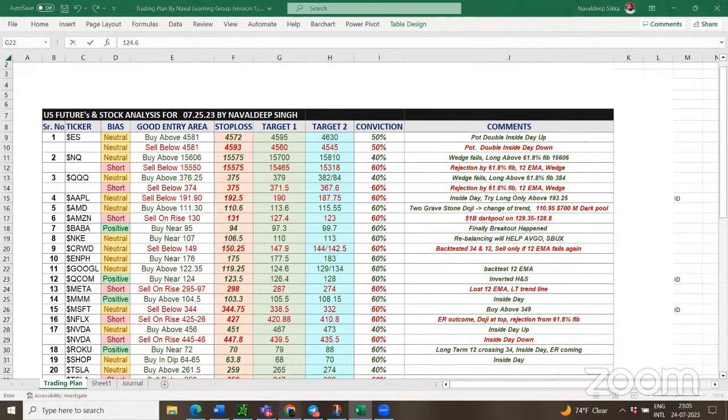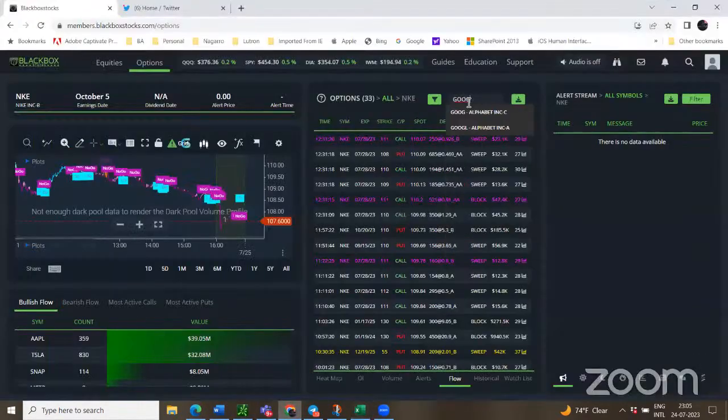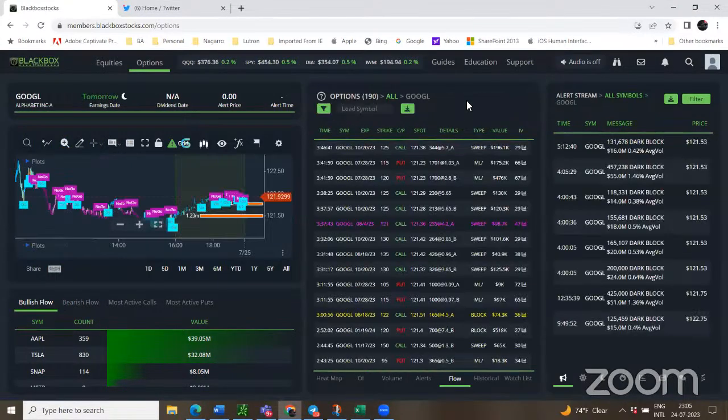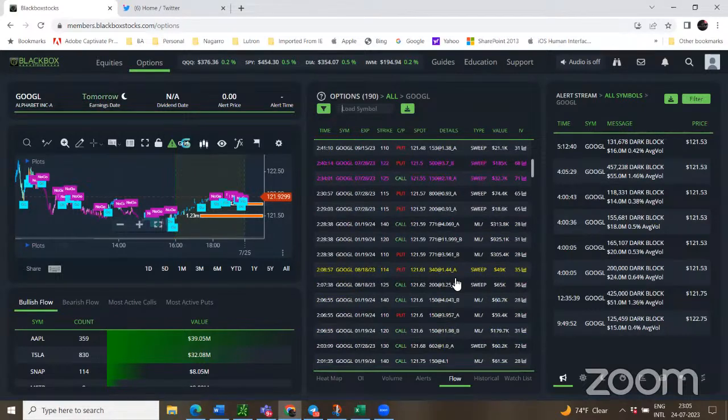Google has earnings tomorrow, so let's also look at some of the flow. Tomorrow we'll have much better flow. I'll try to share whatever I can on the flow. Again, Google has dark pool around 121. And in the morning, since we had a 122.75 dark pool, it came down really badly. So I'm just going to wait on Google to see whether it does something.